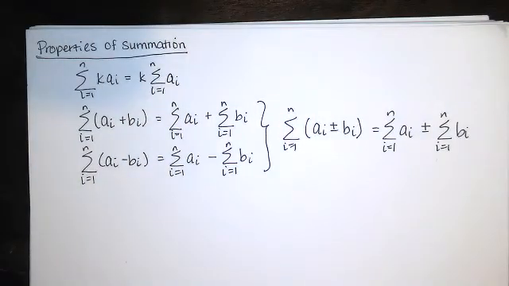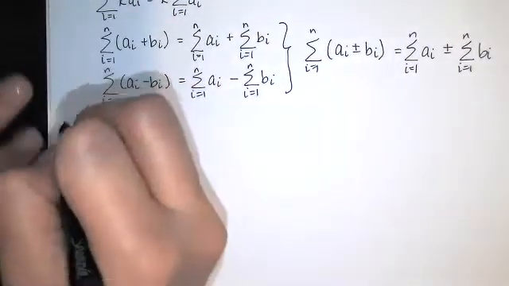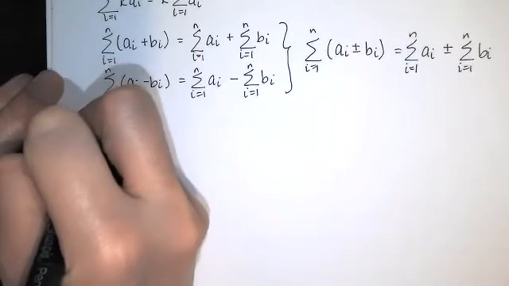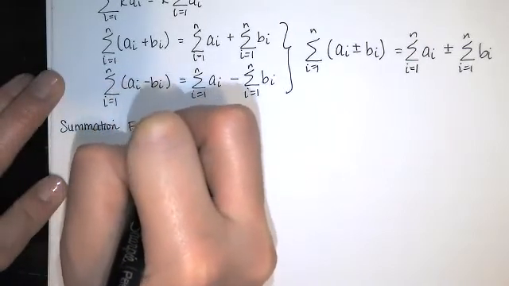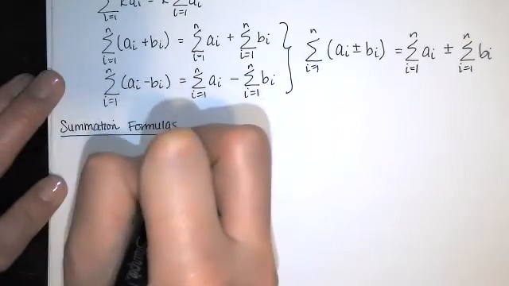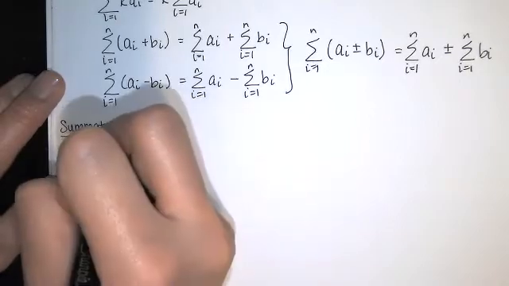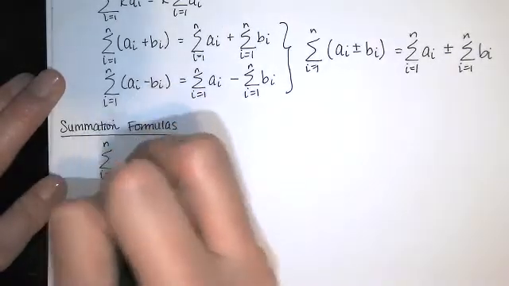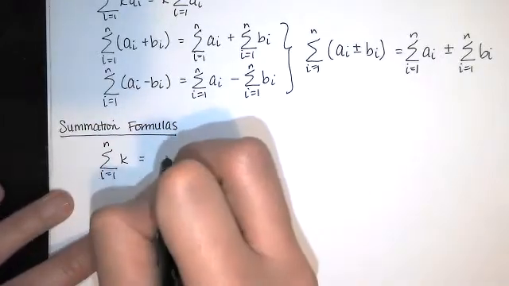Now I'm going to give you some formulas. These are called summation formulas. If k is a constant, so when i equals 1, you get k.